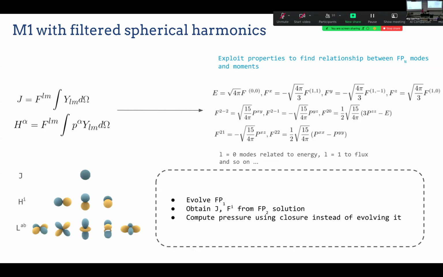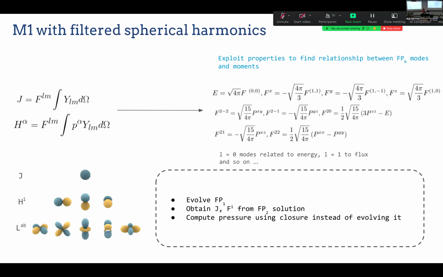And so the idea here is, even as a sanity check, we would like to do M1 and full Boltzmann using the same code. If you wanted to do that, you would evolve an FP1 type of scheme, which just evolves the energy and the radiation fluxes.